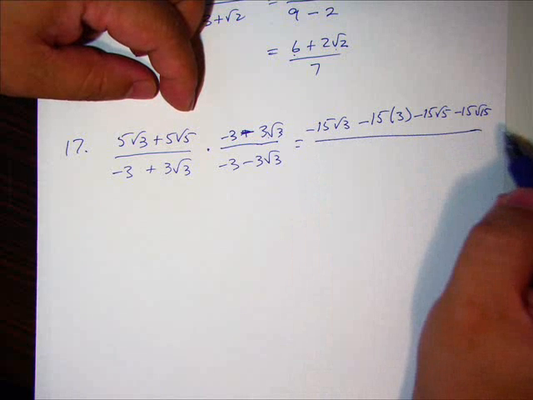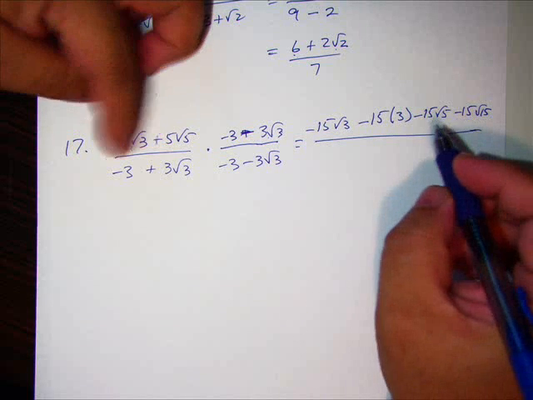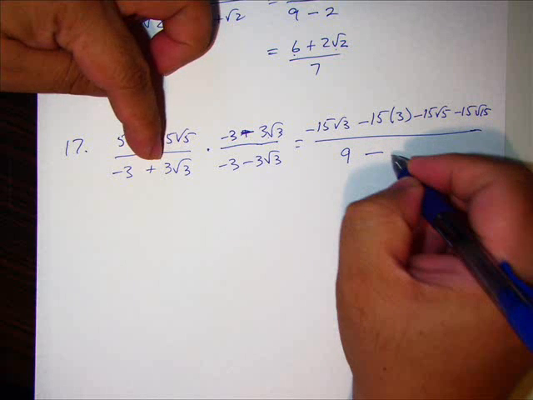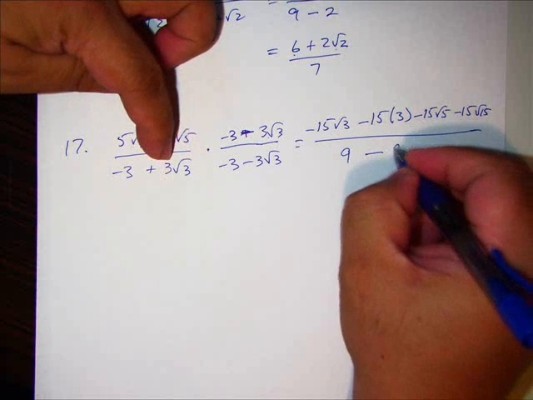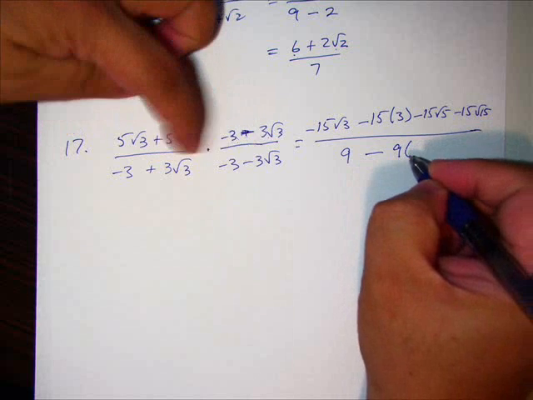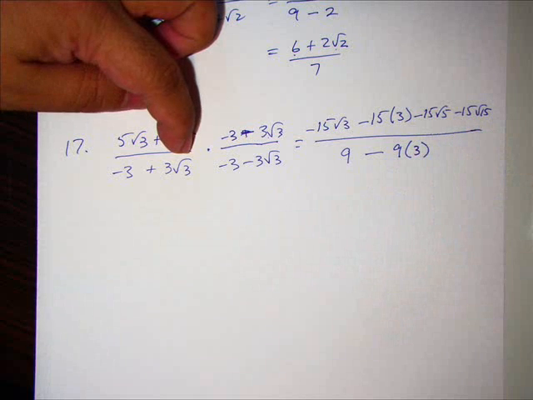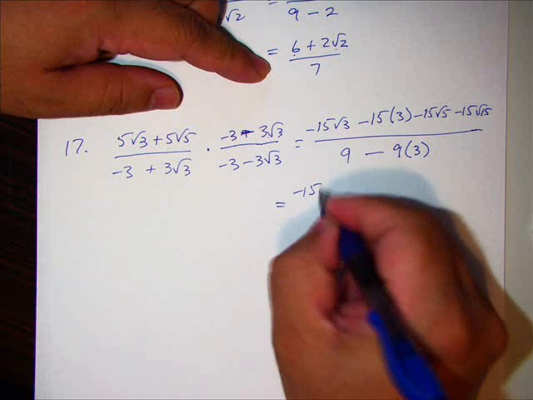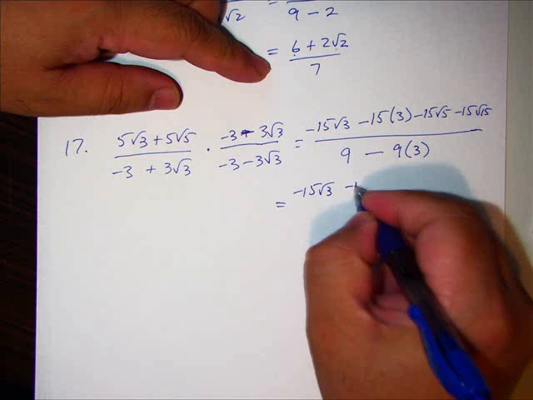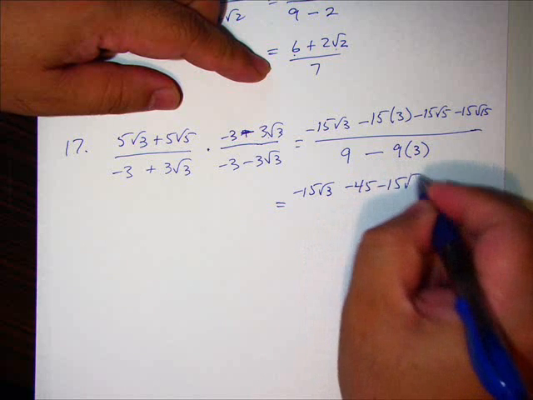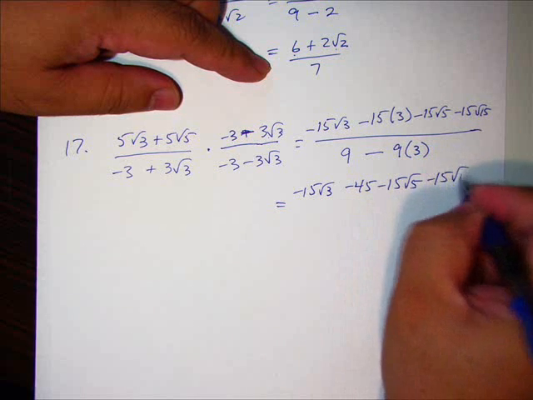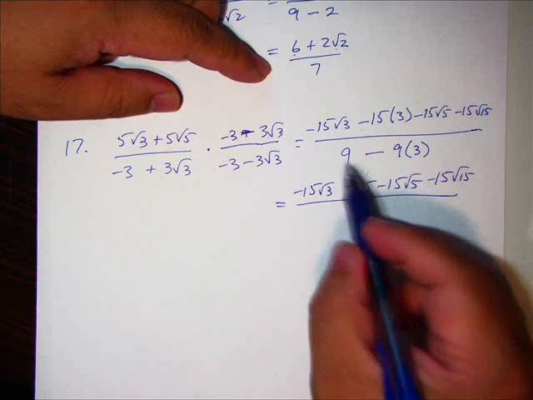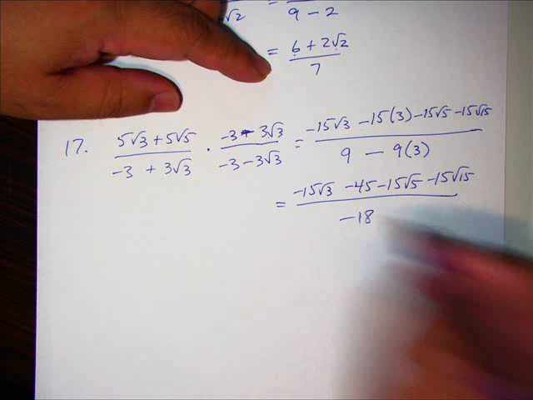The denominator: negative 3 squared is positive 9, minus the coefficient squared, 9, times square root of 3 squared, which is 3. So that was negative 15 root 3 minus 45 minus 15 root 5 minus 15 root 15. The only thing simplified was the 15 times 3. The denominator, 9 minus 27, makes negative 18.